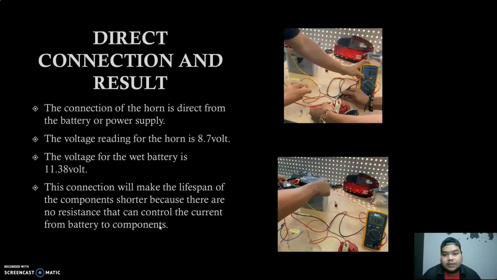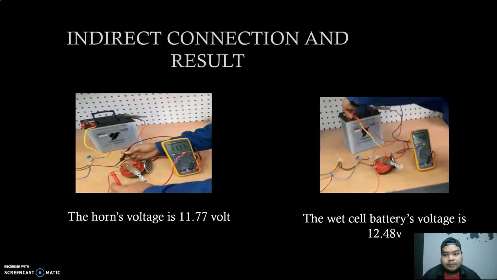For the direct connection and result, the connection of the horn is directly from the battery or power supply. The voltage reading for the horn is 8.7 volts and the voltage for the wet battery is 11.38 volts. This connection will make the lifespan of the component shorter because there is no resistance to control the current from the battery to the component.